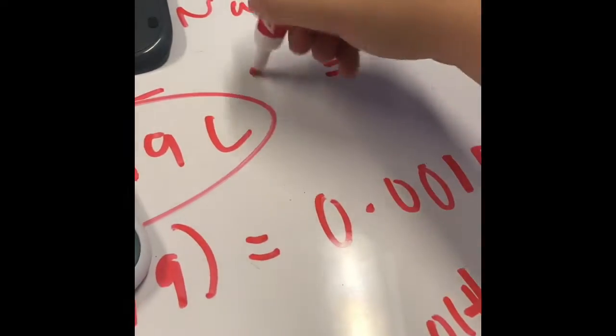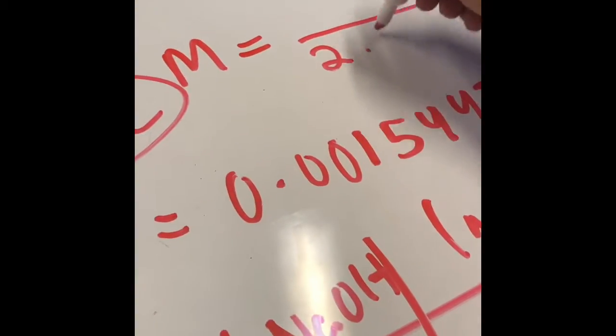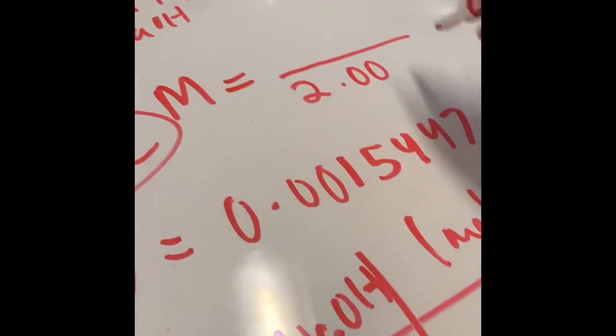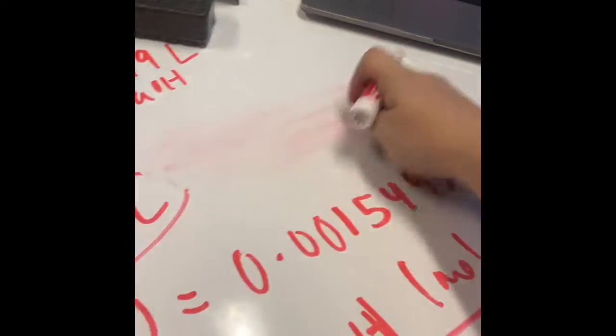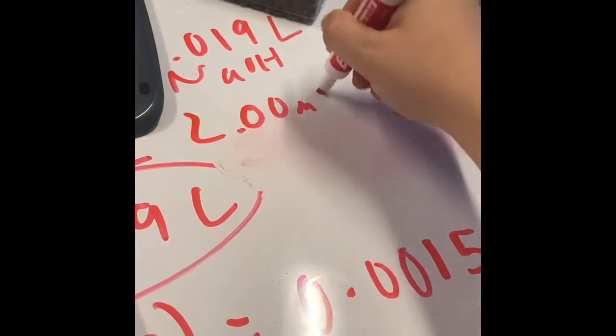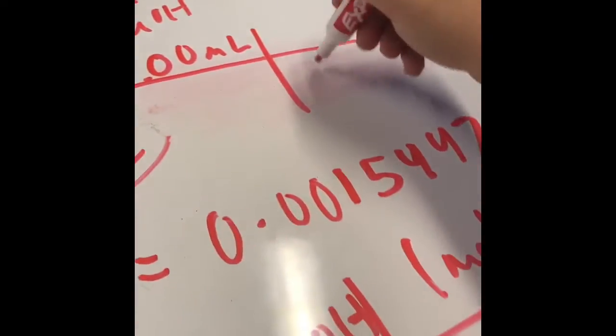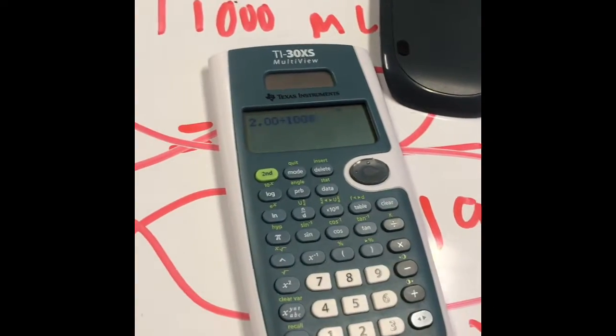So M equals, we started with 2.00 milliliters. So we have to make that liters as well. So now that we did that, we will use that and plug it into the molarity equation.